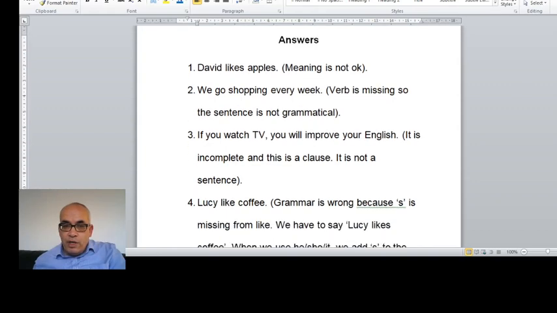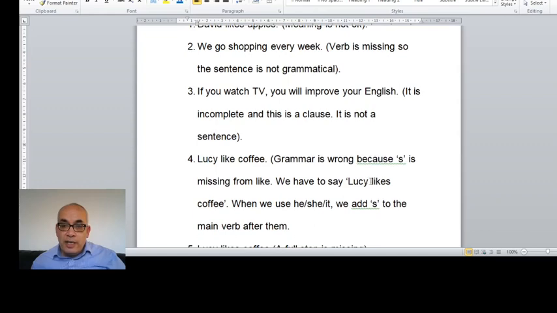Number 4, Lucy like coffee. Now, as you can see here, this text is wrong. The grammar is wrong. Why? Because S is missing from like. We have to say, Lucy likes coffee. When we use he or she or it, we add S to the main verb after them.